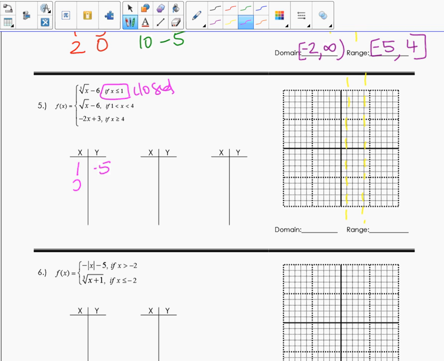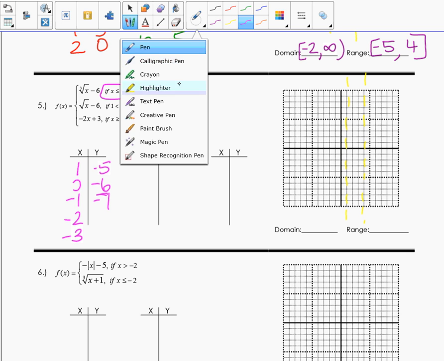So 0, -1, -2, -3. If we look at 0, we're at -6. At -1, we're at -7. And then -2 and -3 are going to get you decimal yucky answers, so I'm actually not going to use those.